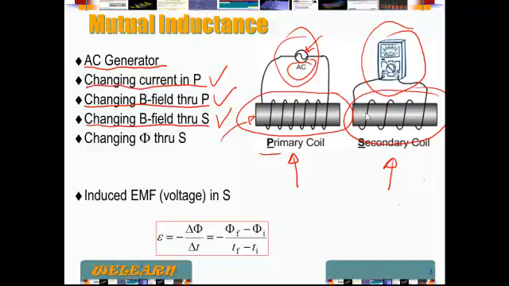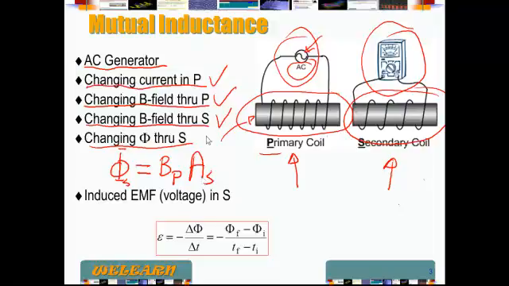If the secondary coil is experiencing a change in magnetic field, it means it's also going to experience a change in flux. Remember, the flux through the secondary, and I'm going to calculate it here for one loop, is given by the magnetic field that it experiences, which is in this case the magnetic field due to the primary, times the area through which we have that magnetic field, which is going to be the area of the secondary in this case.